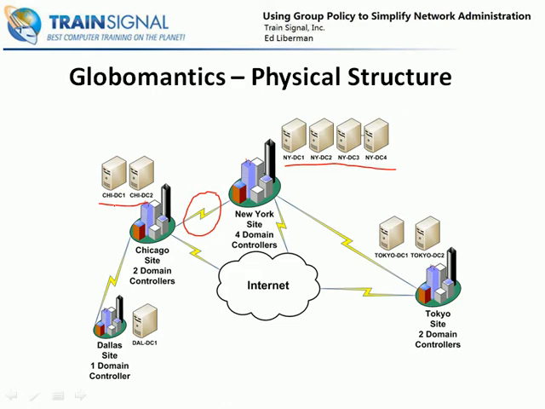And the 2 in Chicago can also communicate with each other quickly and efficiently. But in order to communicate between offices, we have to go across this slow WAN link, and so therefore there might be some delay. Now, just to continue the physical structure, we also have a Tokyo site which has 2 domain controllers and our Dallas site with a single domain controller.